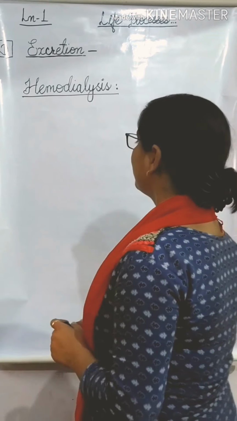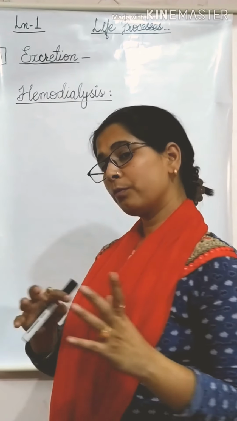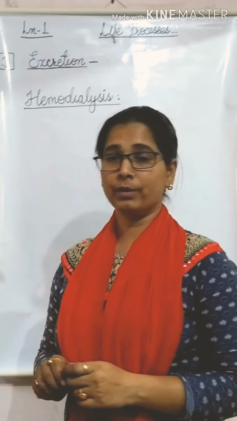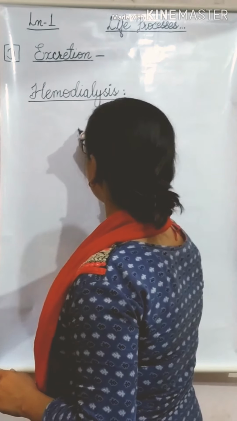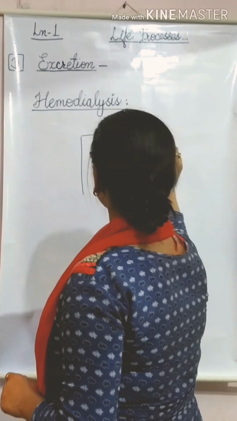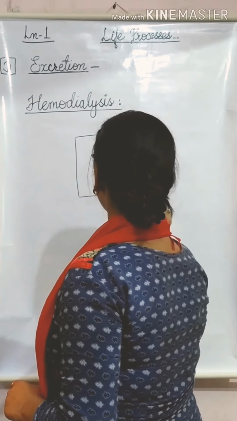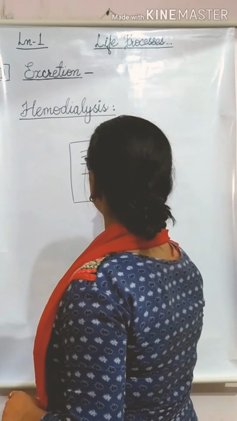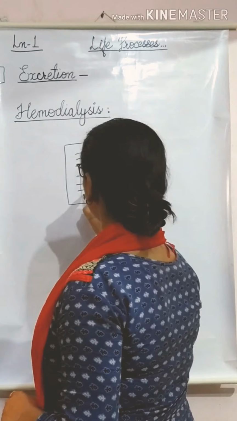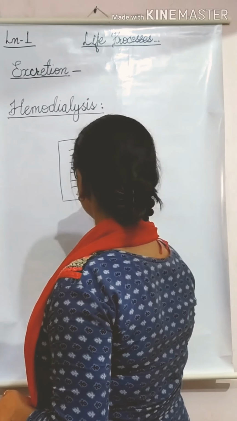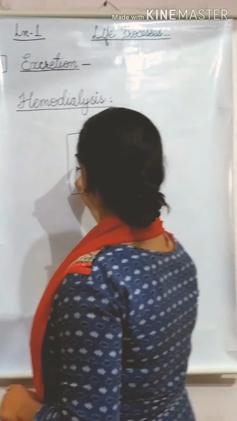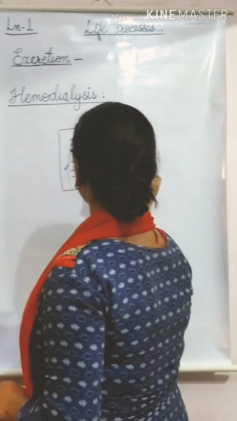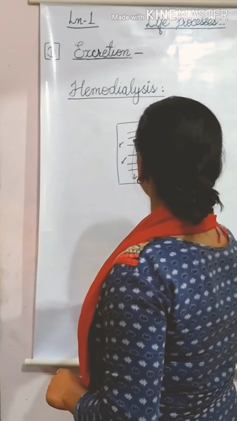In this, the blood is brought to the dialysis chamber, right? This dialysis chamber is rich with the cellophane tubes, and these tubes receive the blood, and this chamber is filled with ammonia absorber chemicals. That's why it separates.